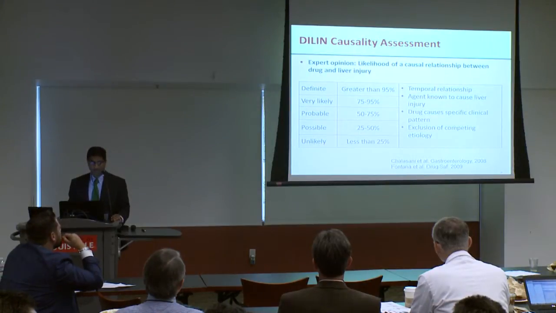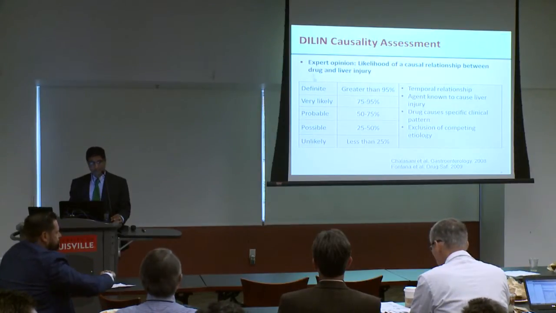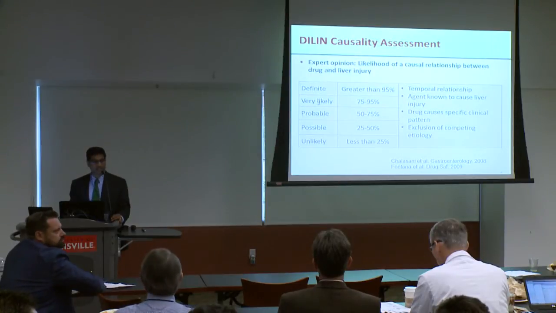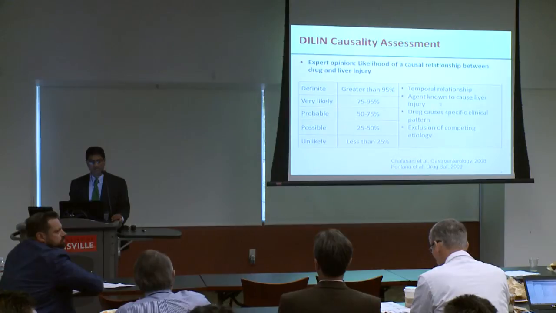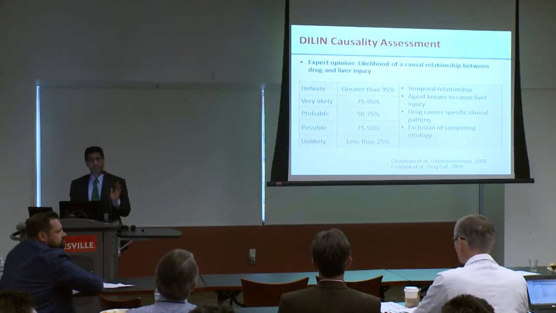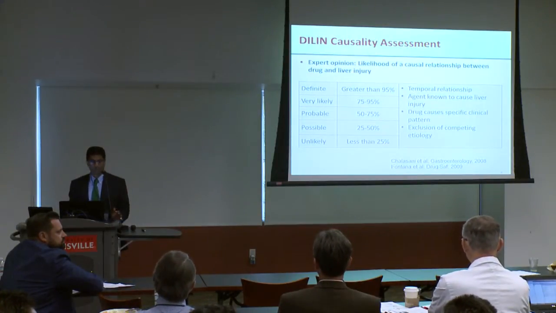For lack of time, I'm going to skip the process, but at the end of our process, we define the case as a definite, very likely, probable, possible, unlikely, based on these factors. And for all genetic studies, mechanistic studies, we only use the serum or biorepository samples from definite, very likely, and probable.